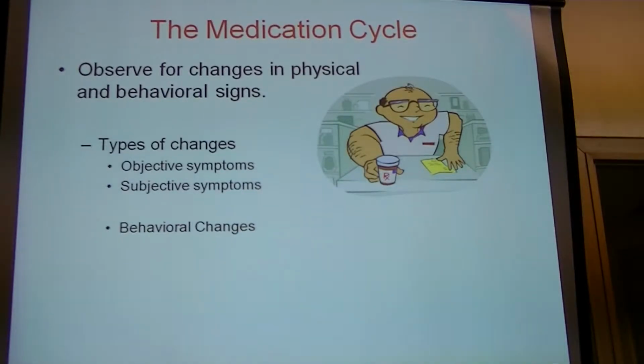Let's talk about observations, when we observe for physical or behavioral signs. They separate these two things, and to me it's hard to separate them. We see this here on page 58. Let's look at what is said in your text on behavior.